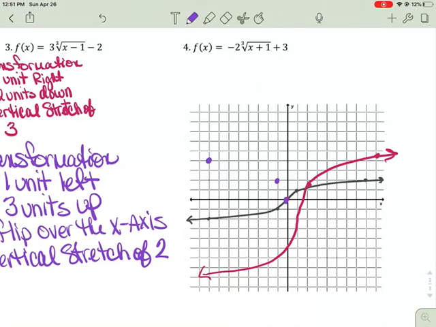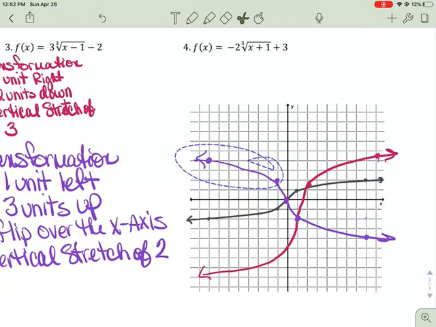This one gets a flip and a multiply, and this one gets multiplied and becomes negative 4. There we are. So here's my flip and my stretch. And now we're going to pick it up and move it 1 unit left and 3 units up.